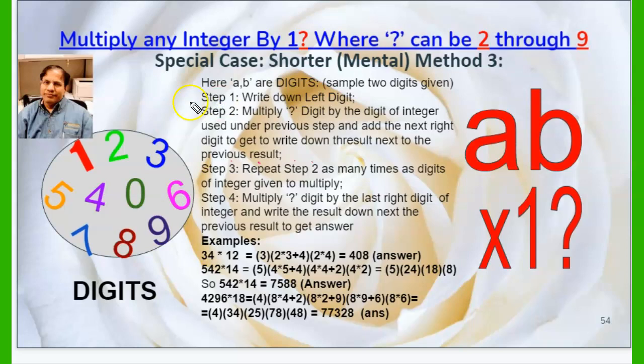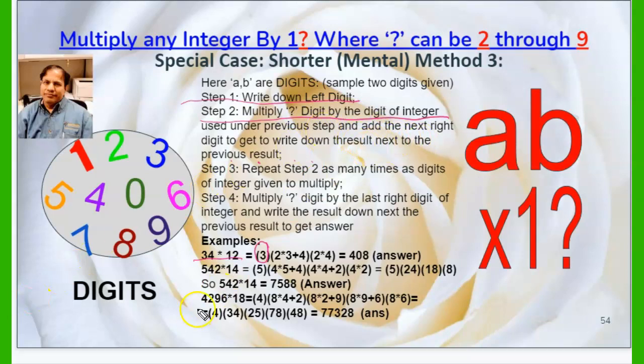Step 1, we write the left digit as is. So if I take the example 34 times 12, we write the left digit 3 of 34. Step 2, multiply the question mark number. So in this case, if the multiplier is 12, then the digit is 2.